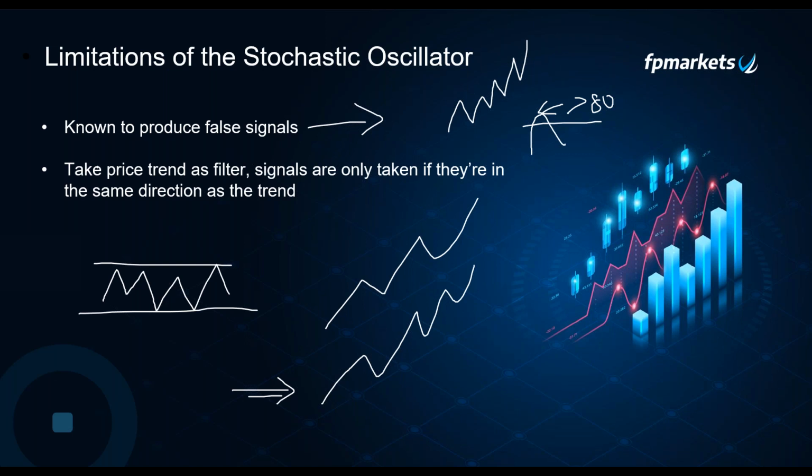The second thing to keep in mind is that the stochastics oscillator takes price trend as a filter. The signals are only taken if they are in the same direction as the trend. For example, say you have a bullish bias on Euro Yen, so you are expecting prices to climb higher.